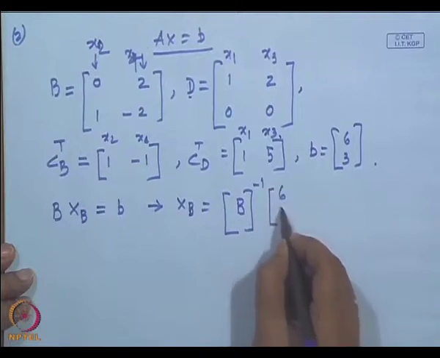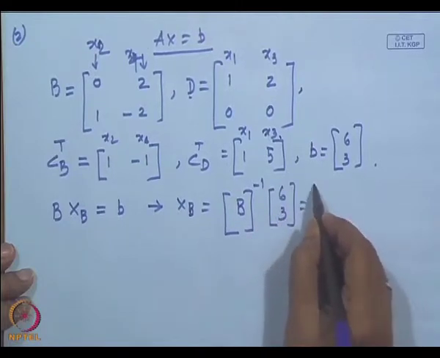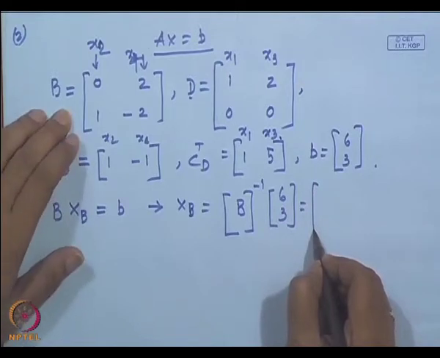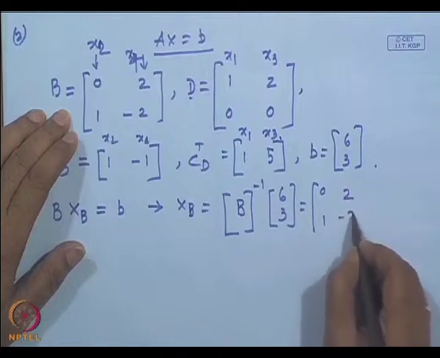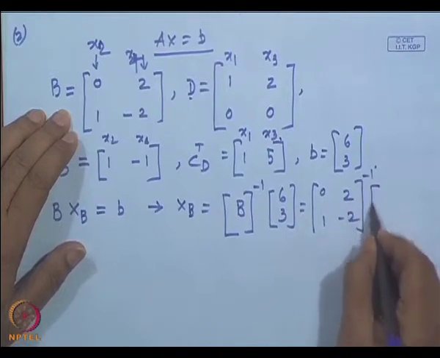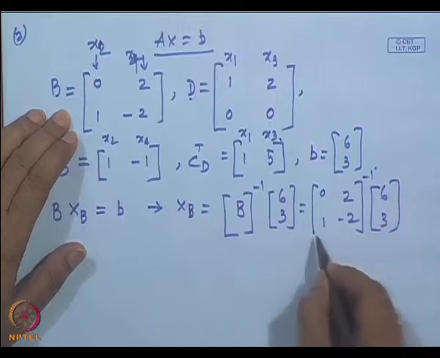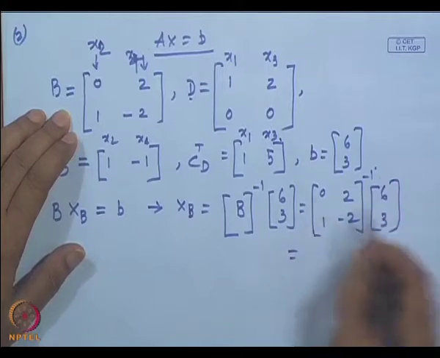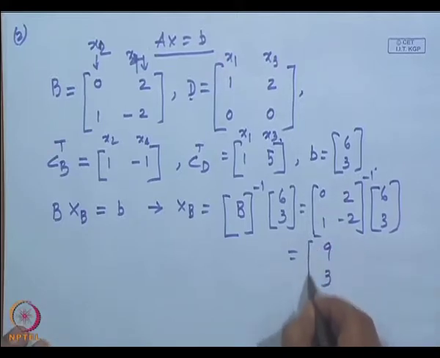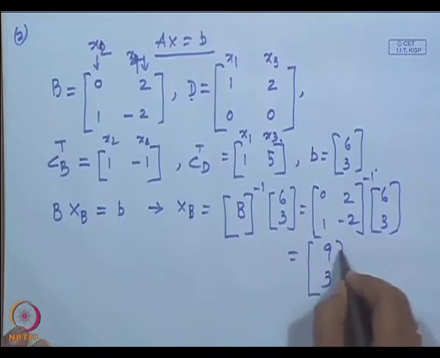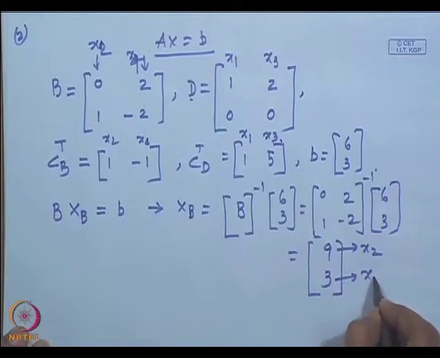B is 0, 1, 2, minus 2, whole inverse, times 6, 3. If you do the inverse of this and multiply everything, you will get 9, 3. This is corresponding to x 2 and this is corresponding to x 4.